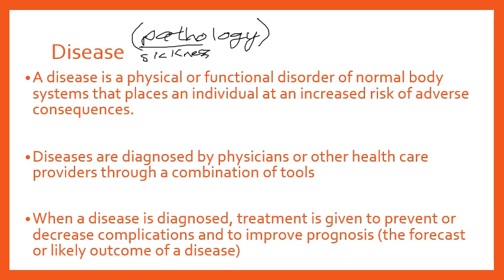And so pathology is the study of sicknesses and illnesses. So what we mean when we say a disease is we mean something where there is an abnormal function, or basically something isn't working properly inside of your body.